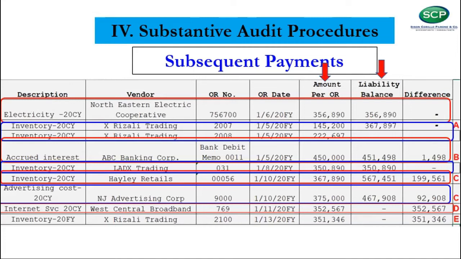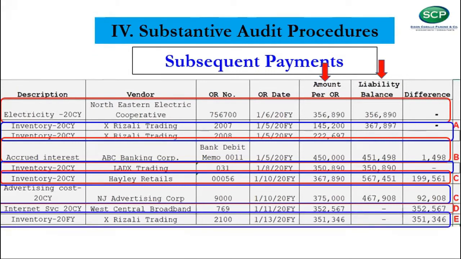Hindi siya naka-record as liability as of December 31, 20 CY. So we need to propose an adjustment to recognize this or to push back yung recording nitong West Central Broadband as a liability as of December 31, 20 CY. So what the company has to do is record this as a liability as of December 31, 20 CY and then reverse yung payment nila, yung recorded expense nila in 20 FY.